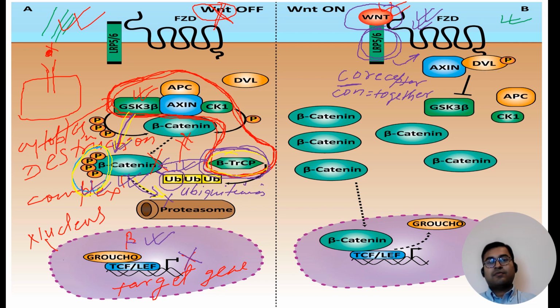Now when this Wnt ligand binds to this Frizzled and LRP5/6 receptor, this receptor is going to recruit this Dishevelled protein to the Frizzled receptor, and this Dishevelled protein, which is recruited to the plasma membrane because of this Wnt and Frizzled interaction, gets polymerized.